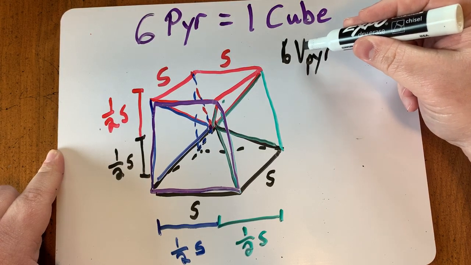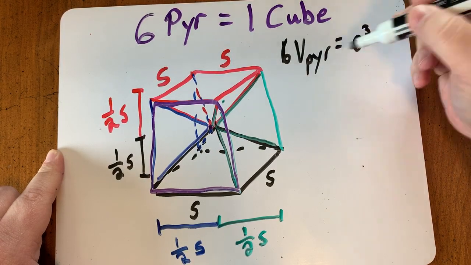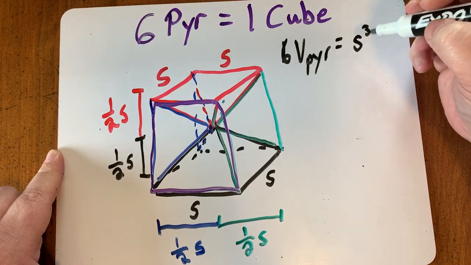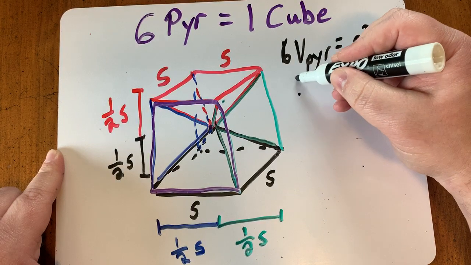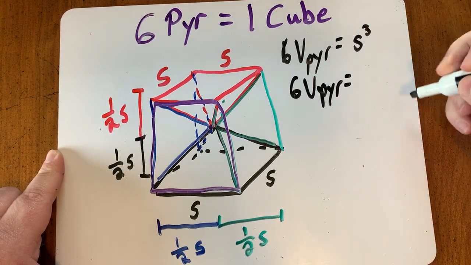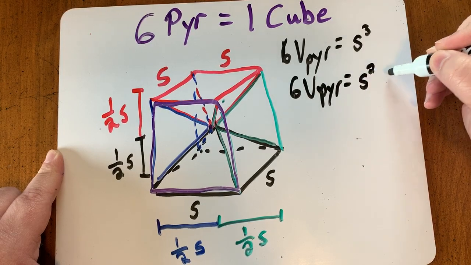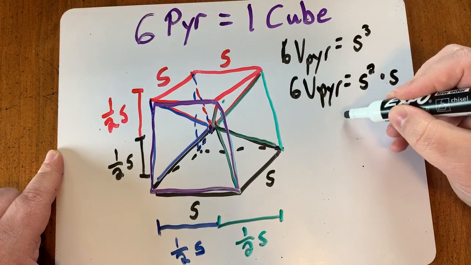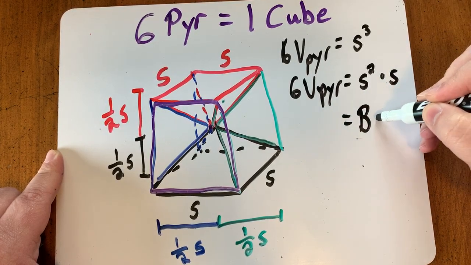Now, the volume of the pyramid: S cubed isn't all of the measurements of the pyramid, but it's 2 of them. So 6 times the volume of the pyramid equals S squared times S. Well, S squared is the area of the base of the pyramid.